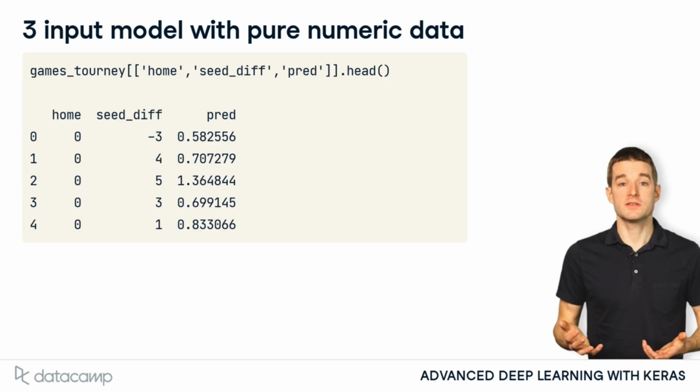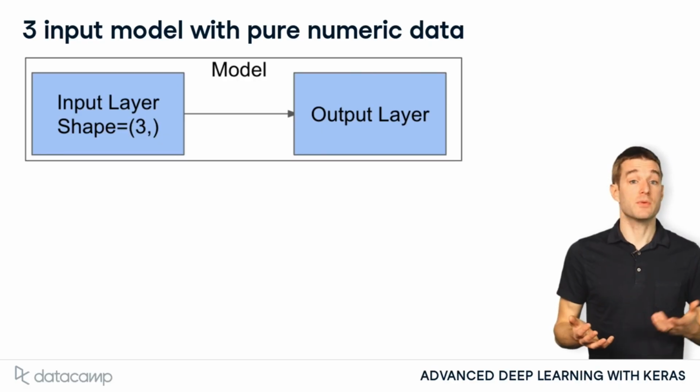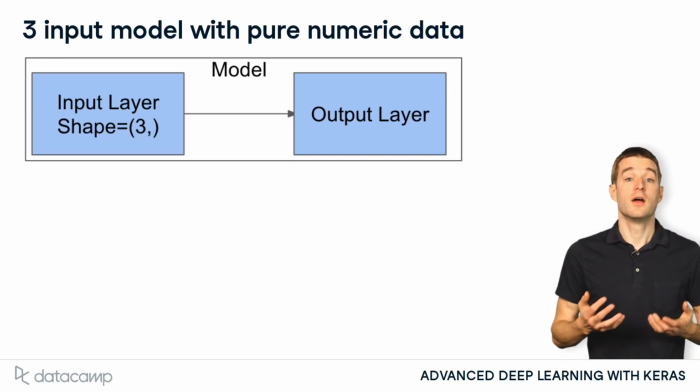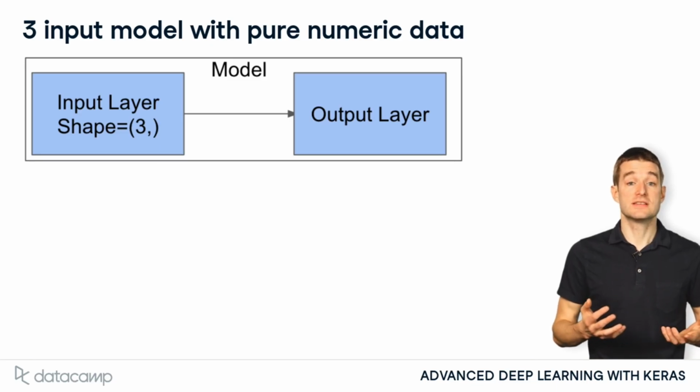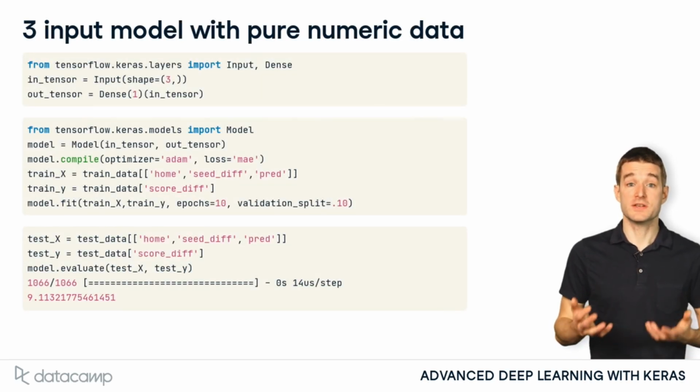With purely numeric inputs, you can pass all of them to a single input layer. In other words, an input layer with a shape of 3 is another way of defining a 3-input model. The only drawback of this approach is that all the inputs must be numeric. A huge advantage of this approach is simplicity.